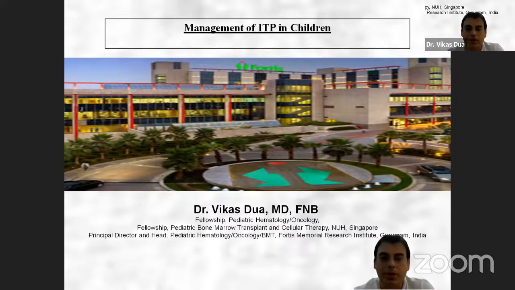And when you do a CBC and you find that the patient has got low platelets, majority of the time the diagnosis which comes to our mind is immune thrombocytopenia. So friends, whether to treat that patient, to observe, what treatment to offer, when to offer is what we are going to discuss today in the next 45 minutes.